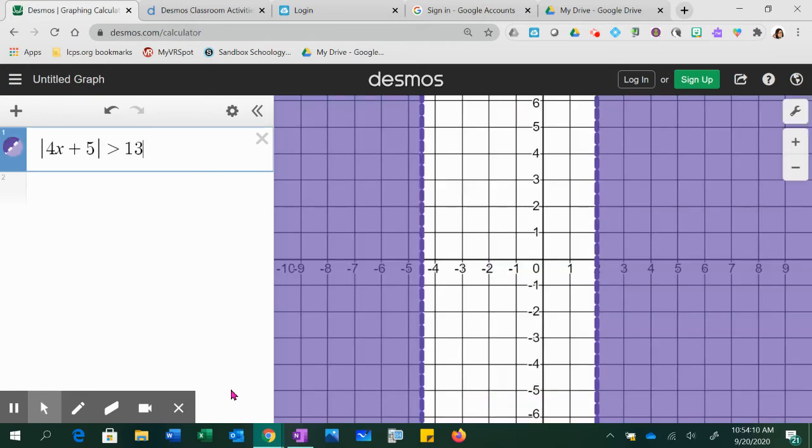So what happens on here is we can check our shading. We've got a weird fraction, which is kind of a bummer, but that's okay. We can at least estimate what's going on. And so I see I have dashed lines. The dashed lines on here represent your open circles, and the shading is away from the dashed line. So it's outside the dashed lines. So that's always a good check.